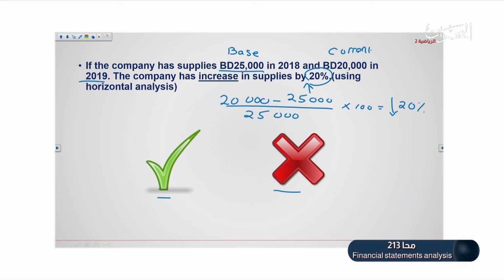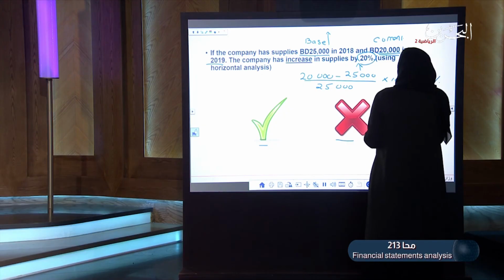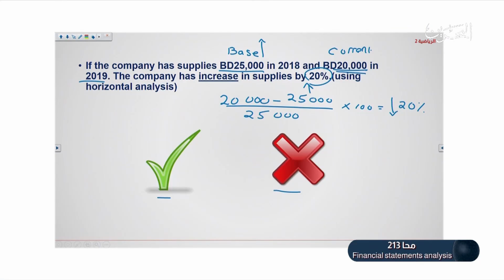Why a decrease? Because the base year is higher than the current year. The current year is less. So when we deduct 20,000 minus 25,000, it will result in minus.